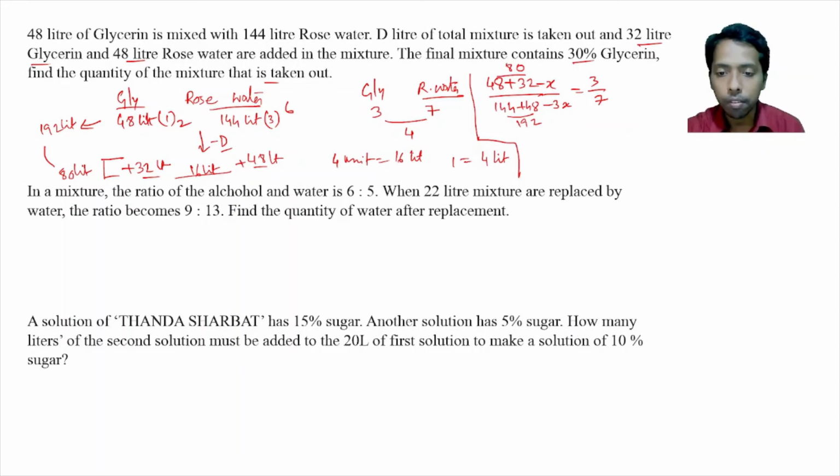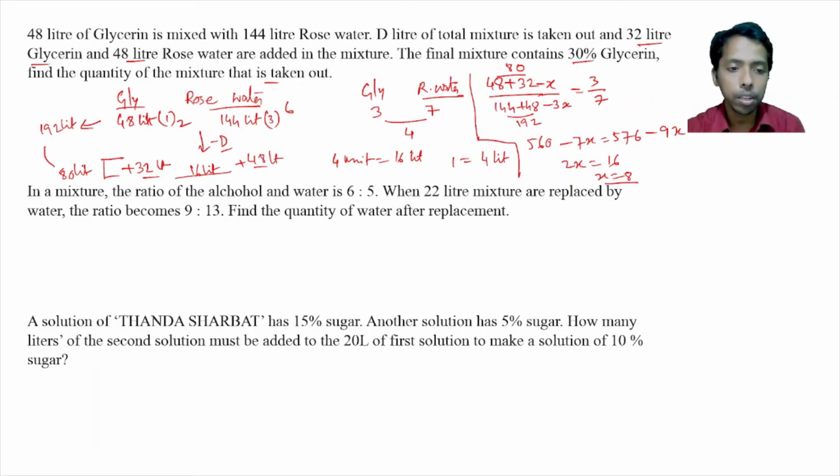Now this is 7, 560 minus 7x equals 576 minus 9x. Now this is 2x equals 16, x equals 8, right?